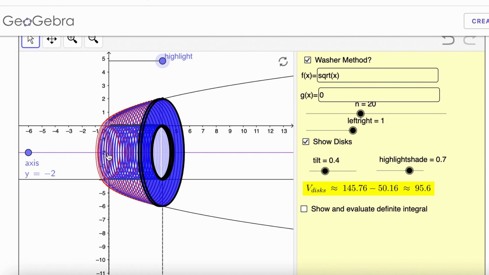So it's making all of these washers in between, and this is what we will use. We have this bigger circle on the outside, and we will subtract this inner circle away to get the volume of the shaded area.